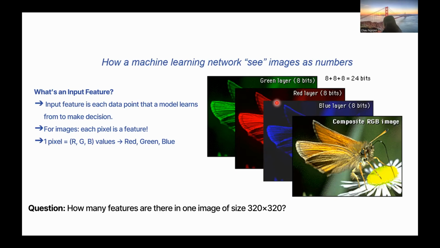And so imagine that our model, whichever model we want to use, will have to look and learn from each one of the pixels, more than 300,000 for a relatively small image, to make a decision as to what label we want to classify this image to be.